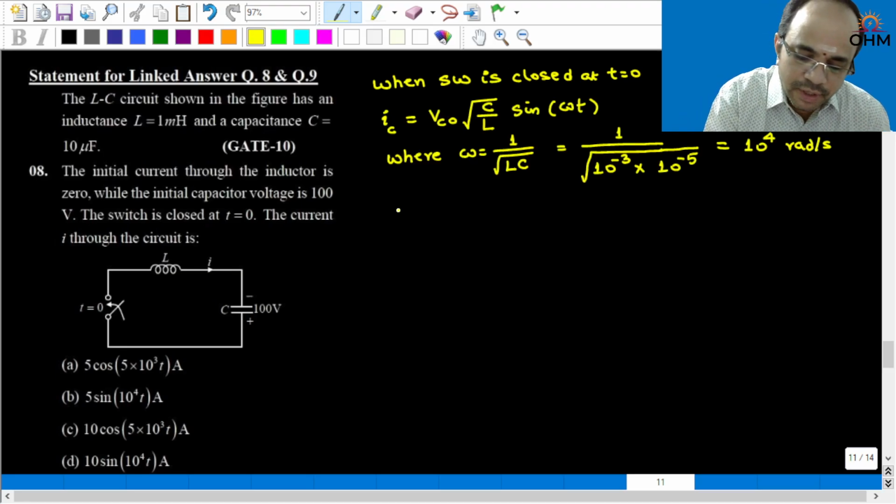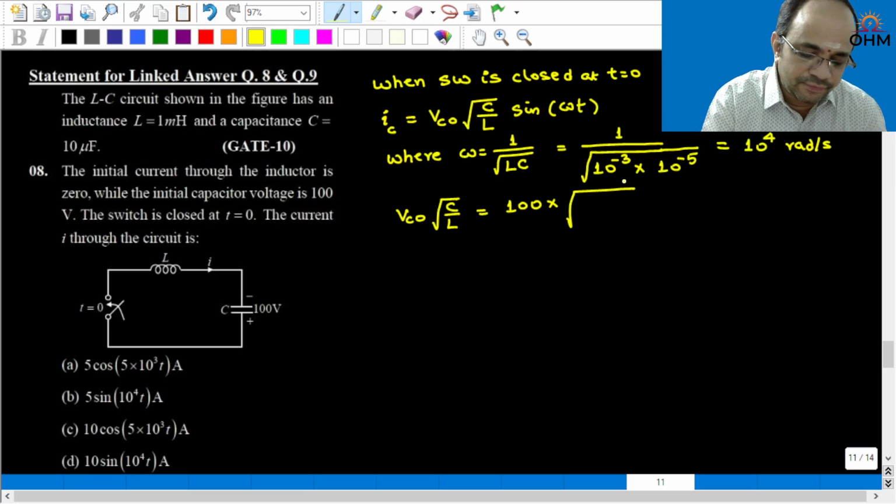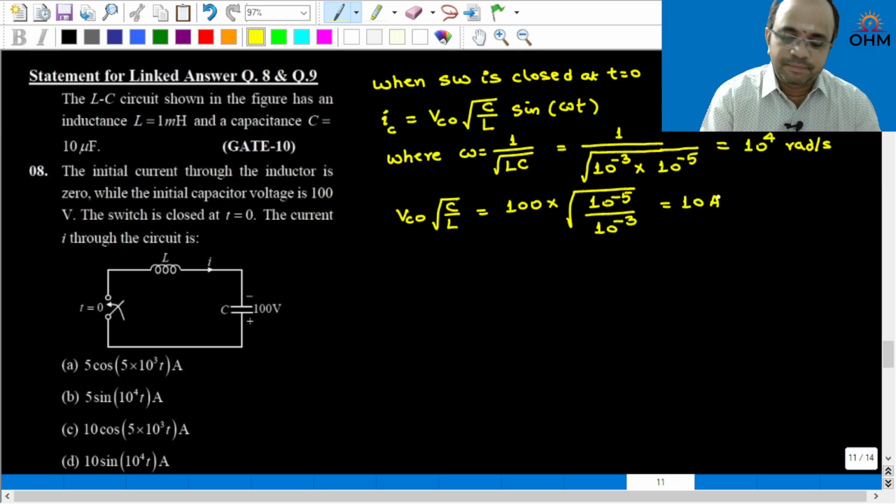That is the omega value. Next, Vc naught into root of C by L, where Vc naught, the initial capacitor voltage, is 100, and C is 10 power minus 5 and inductance is 10 power minus 3. This value you will get as 10 ampere.